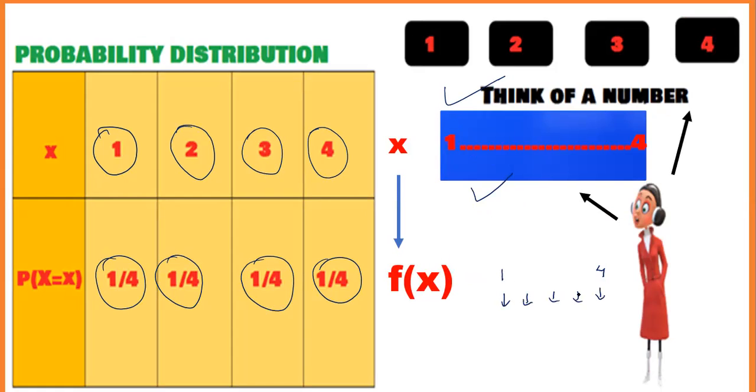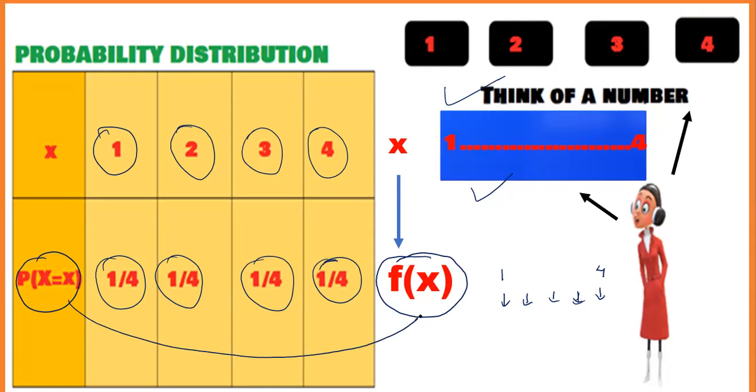Again, this is continuous. So we have to take the help of f of x, the boundary. Here there is nothing called boundary because all the probabilities are specifically there. So we don't need any such function to define the boundary. These are the probabilities, that is the only boundary. So this will be replaced by f of x now, which is the probability density function.